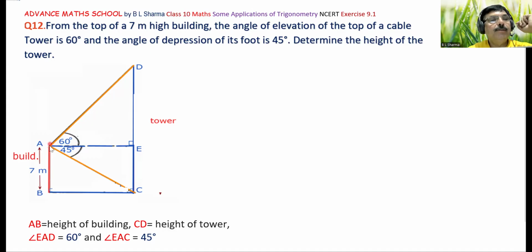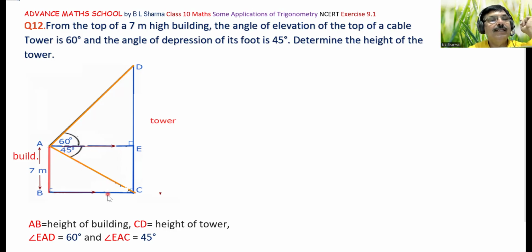Always remember, angle of elevation and angle of depression are always measured with the horizontal line. This is not the angle of depression, but since the two lines are parallel, you can say that these two lines are parallel. So the two angles will be equal. This angle will be equal to this angle, alternate angles.